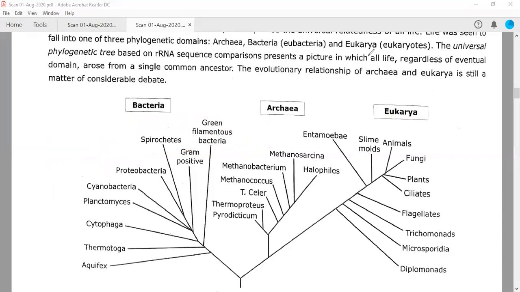So there is a query. Priyanshi is asking, can prion replicate? Yes, these prions can replicate. Not in the way you are thinking, like semi-conservative, as you have studied in case of DNA, but they replicate in the sense that they will infect other proteins so that the other protein will change the conformation, from alpha to beta.